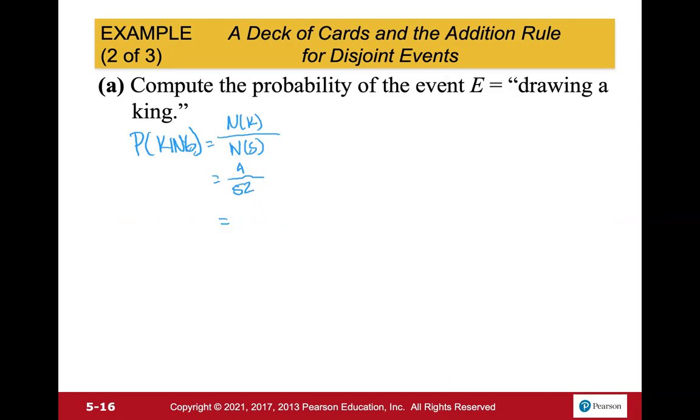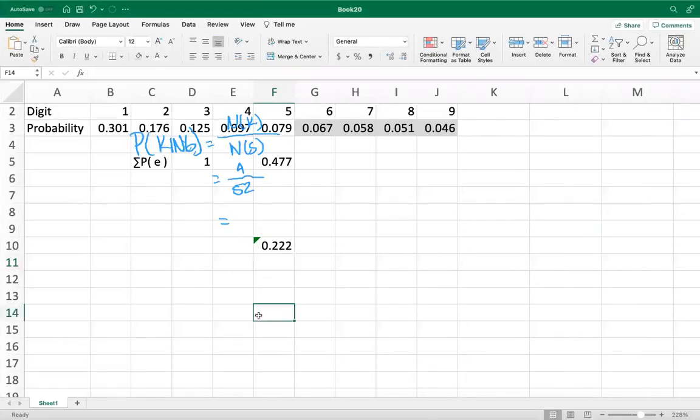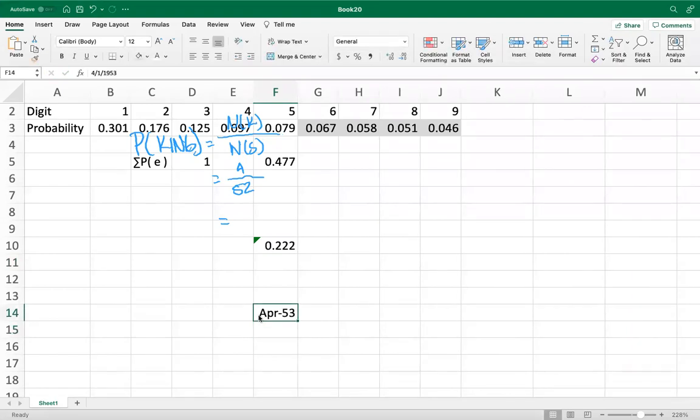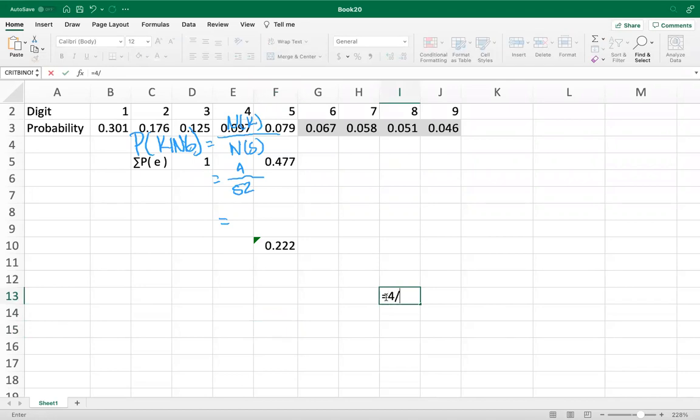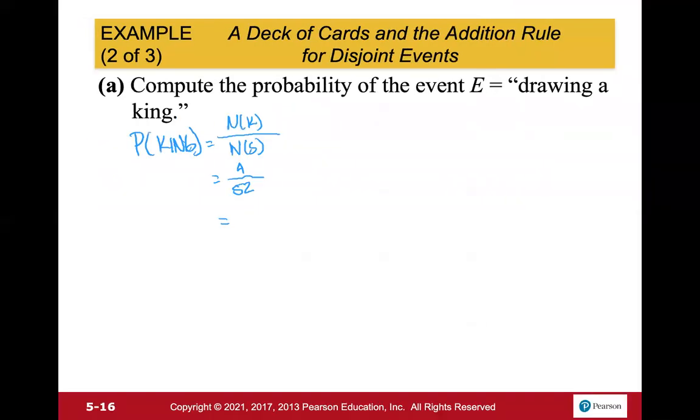Let's take this to Excel, see if we could compute it for us. So 4 divided by 52. And that one's already stuck as a date. So 0.077. And there we go.